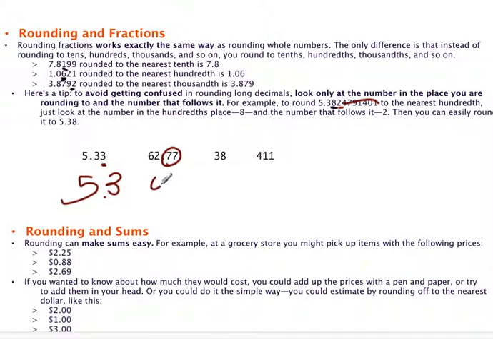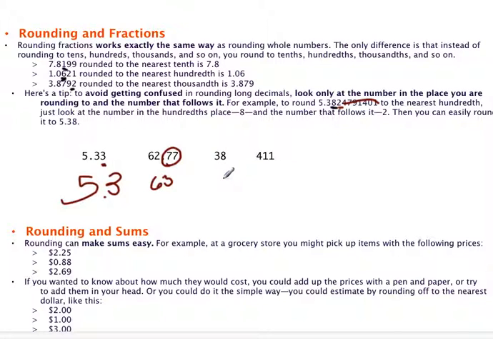If you wrote down 63, you are correct because 77 is a lot closer to the next number than it is to going down. 77 is more than 50, so we're going to round up.